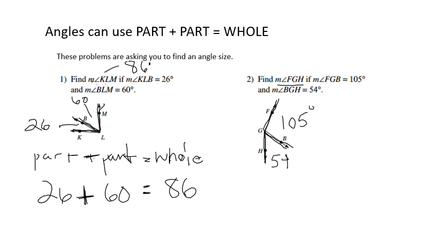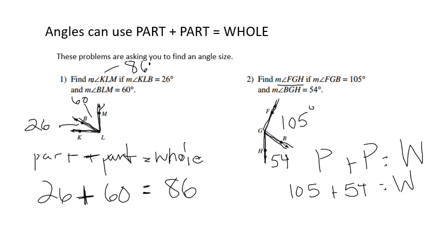See, I'm labeling the picture. It makes it a whole lot easier to recognize my part plus my part equals my whole. If I take the two together, add them up, so I should have 159 equals my whole, and that's the measure of angle FGH.